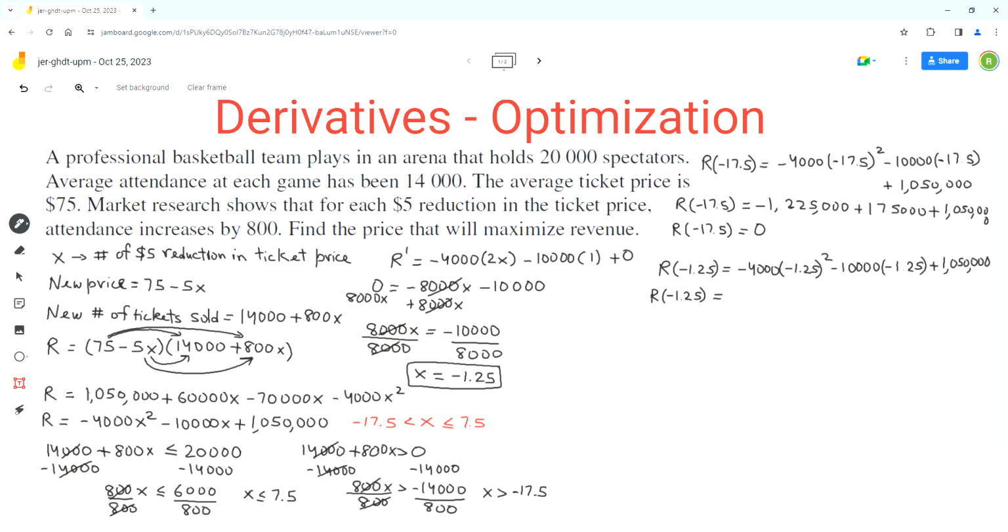So negative 4,000 times negative 1.25 squared, I got negative 6,250, and then negative 10,000 times negative 1.25, I got 12,500, and then plus 1,050,000.